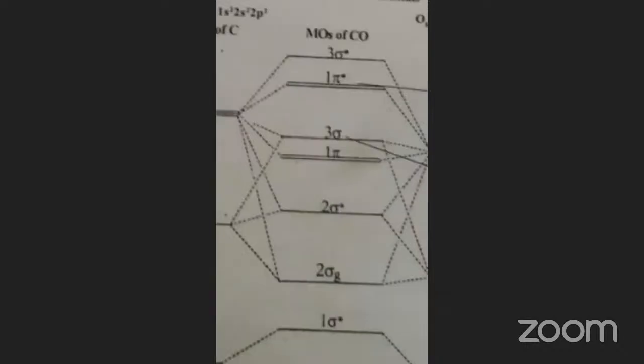Okay. So this is about the carbon monoxide MOED diagram. Understood? So in this, once I repeat the sigma orbital, the bottom one is called as sigma 1s as well as sigma star 1s. These are sigma 2s, sigma star 2s.